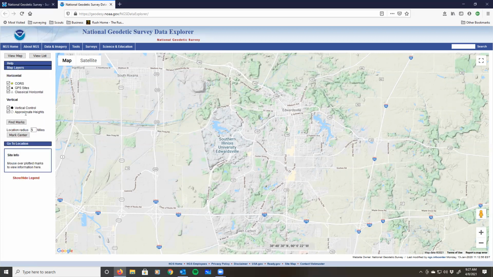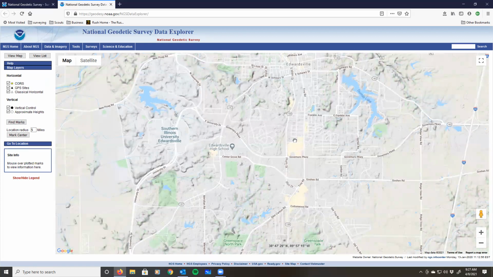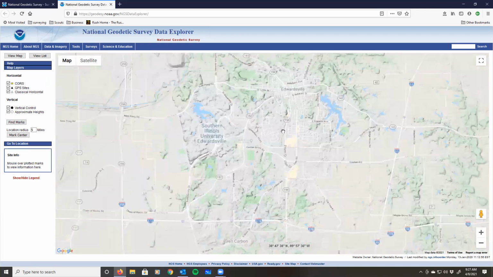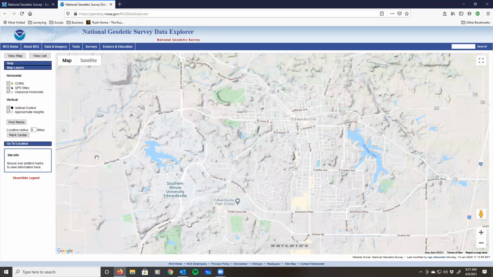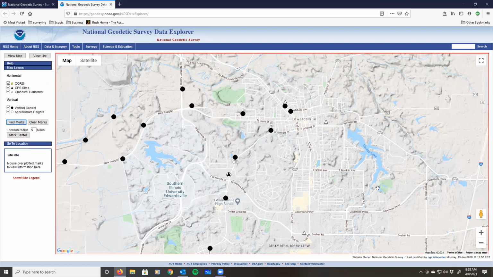Oh, here we go. We have to zoom in on an area. Let me zoom in a little closer. Once you zoom in on the areas you're looking, then you hit find marks. And it will come up with a list of different marks.